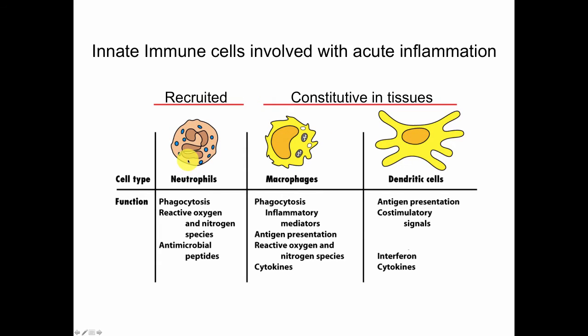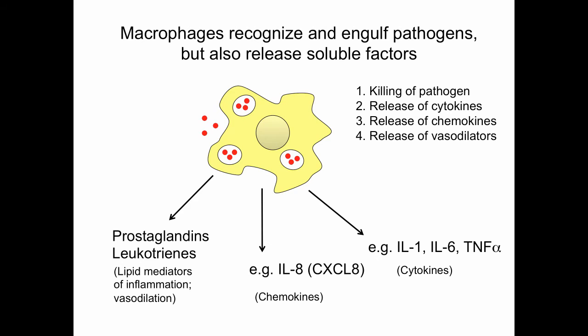Whereas neutrophils largely are not constitutively present in these tissue sites but are circulating in the blood, but are recruited to these tissue sites upon an inflammatory response, and then mediate that inflammatory response.